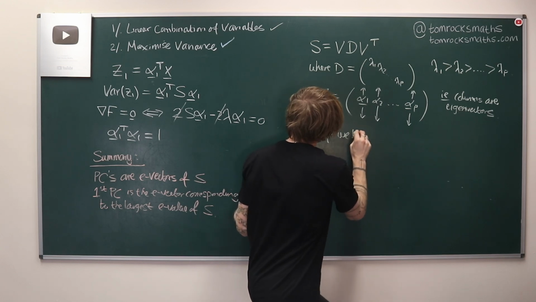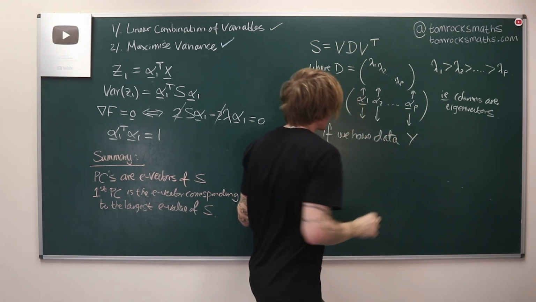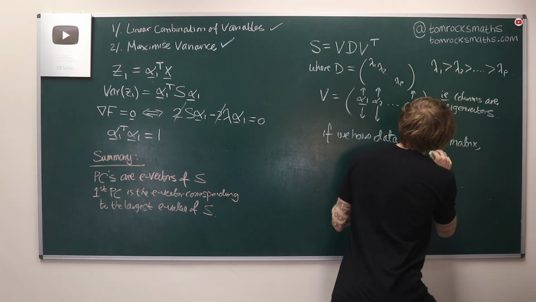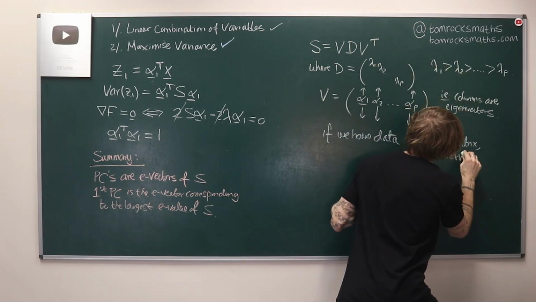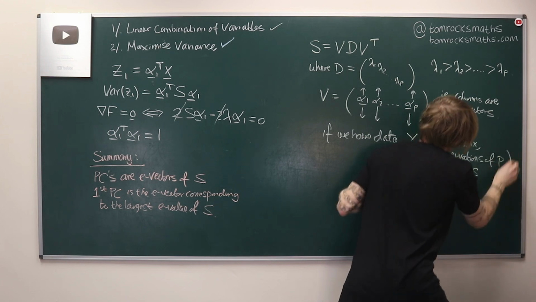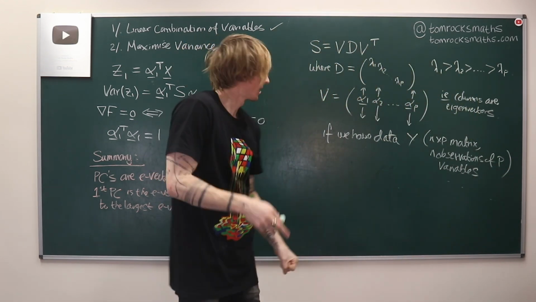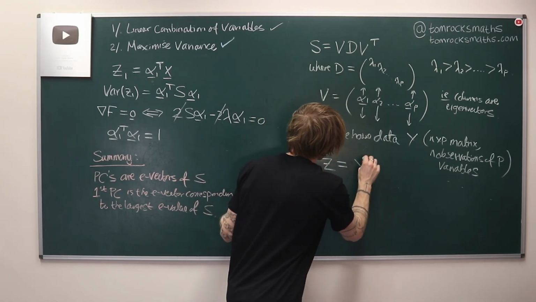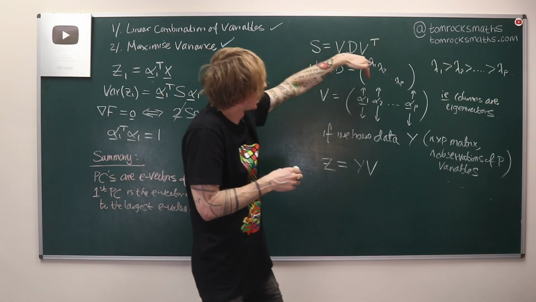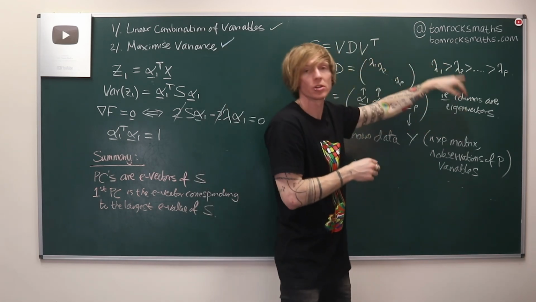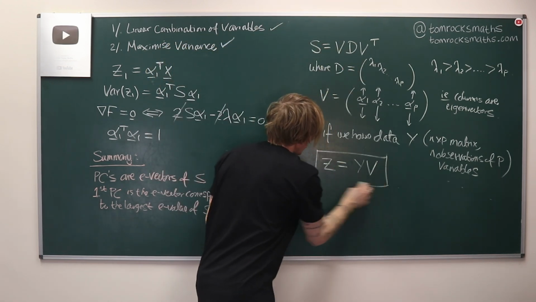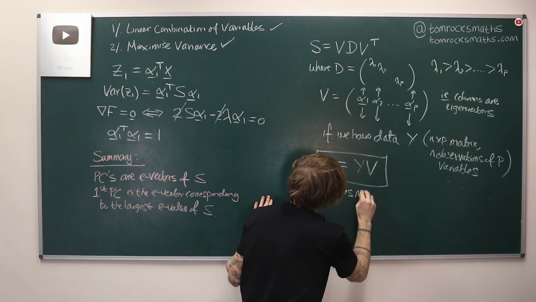If we have data Y, which is an n by p matrix, meaning we are taking n observations of our p variables, then the transformation that we want to make is simply Z is equal to Y multiplied by V, where V is the matrix constructed by our principal components, whose columns are the ordered eigenvectors of the covariance matrix S. And this matrix Z, which is just Y times V, is called the scores matrix.